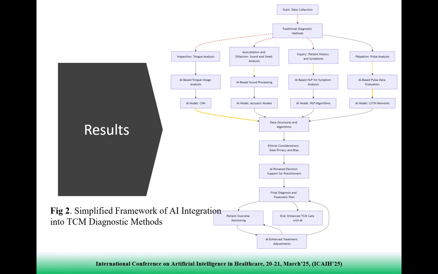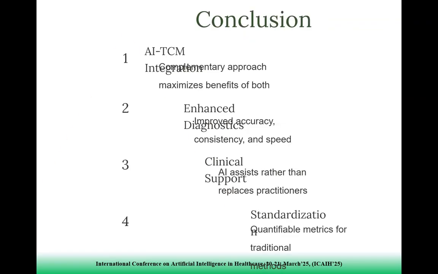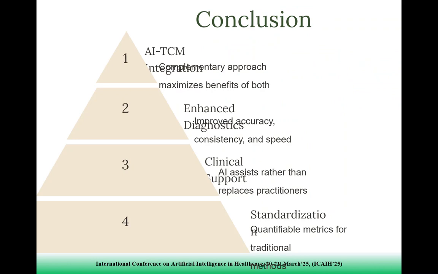And the final diagnosis and treatment plan, patient outcome monitoring, and enhanced TCM care with AI. So the whole process, we can say, is technologies, AI models and systems supporting the practitioner. AI in TCM is a complementary approach to maximize the benefits of both AI and TCM, and enhance diagnostics, improving accuracy, consistency, and speed.